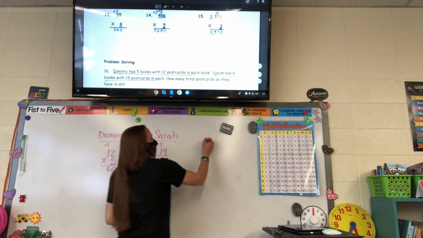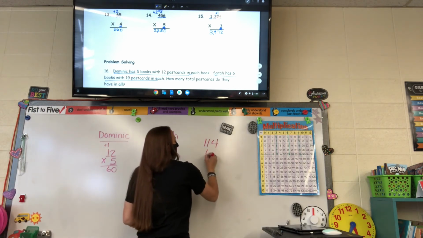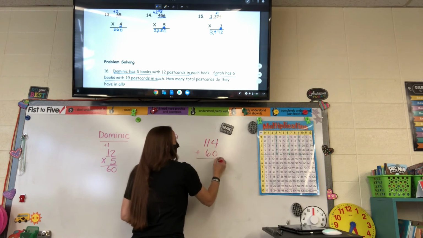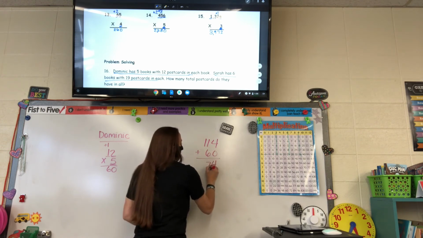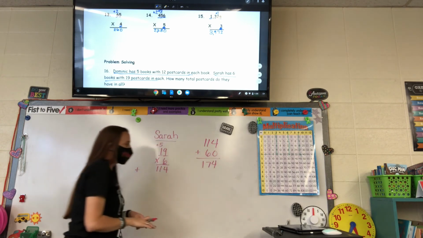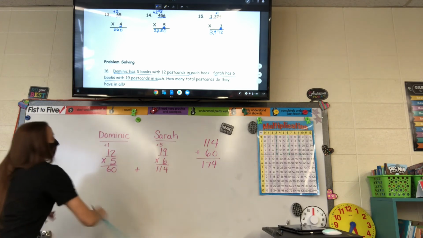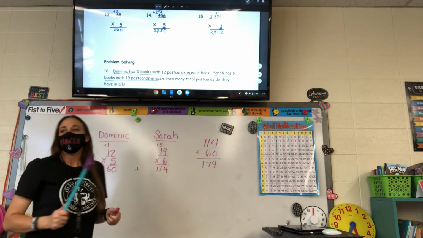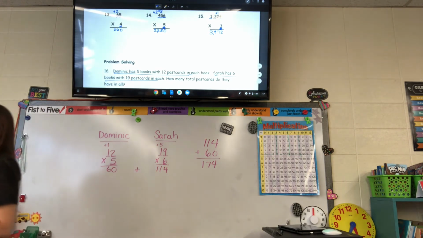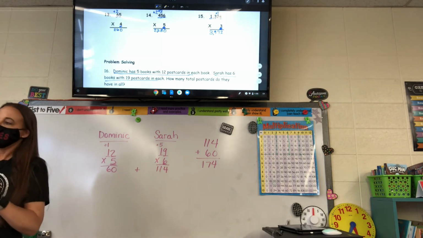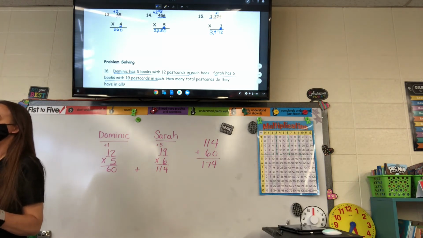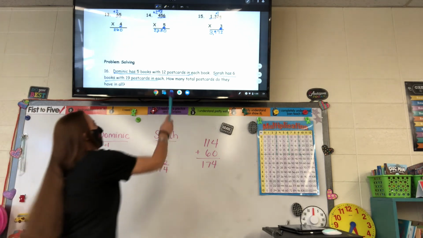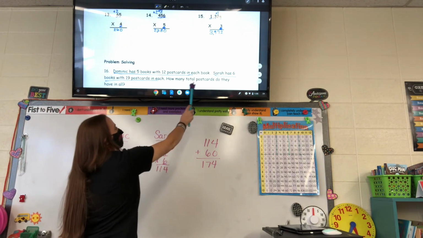We're going to stack them up. 114 plus 60, so all together they have 174. Remember, we have to label this, and our label comes after the words what? All together. How many? So how many total postcards?